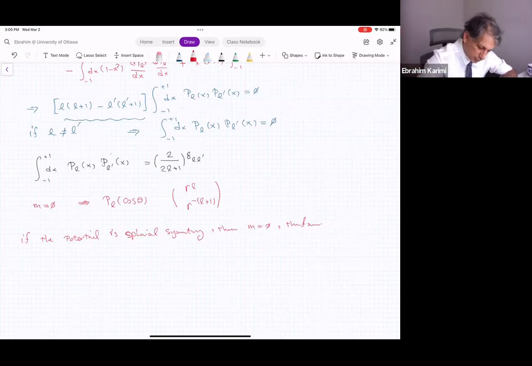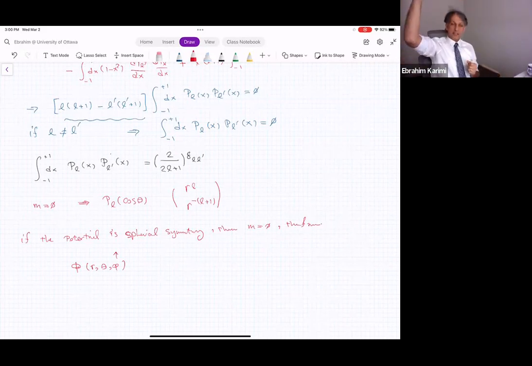So essentially, the solution will be the potential of r, theta, and phi. By the way, it is not a function of phi anymore, because we say that it holds the spherical symmetry, which means that if you rotate it, you don't see any changes.